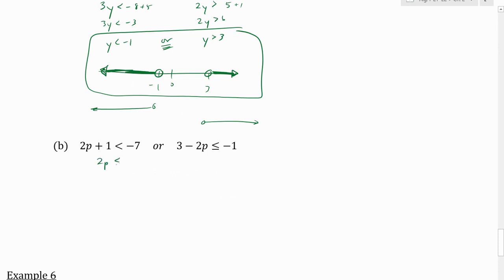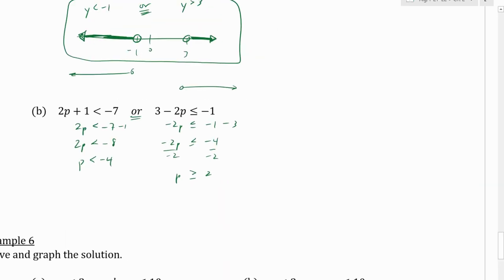This one, 2p less than -7 minus 1. Divide both sides by +2. -2p, -1 minus 3. Got the word or in between. Divide both sides by -2 means it's going to turn that inequality. So here's where I've gotten to.